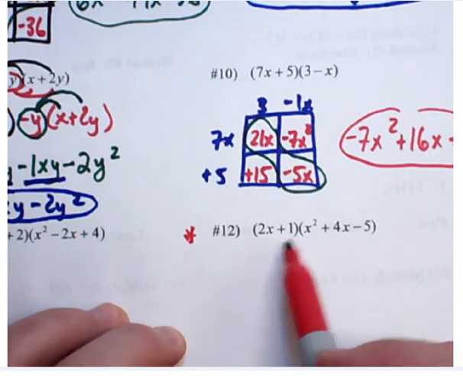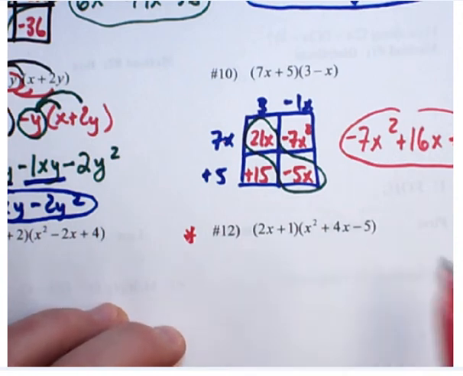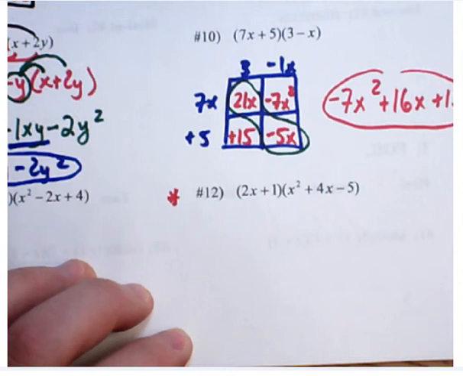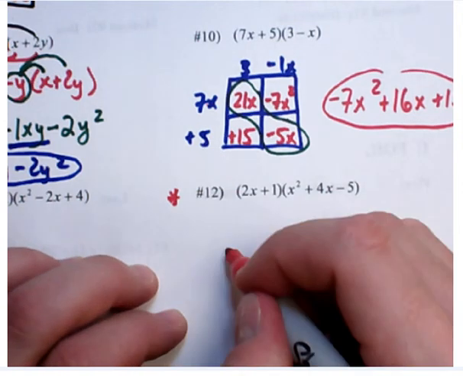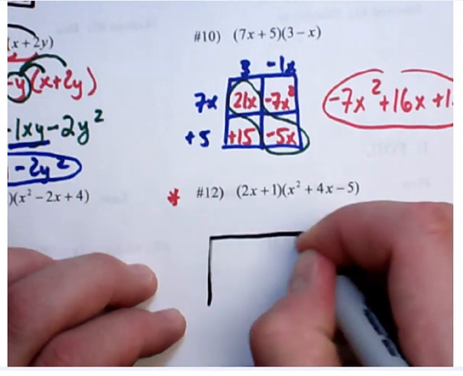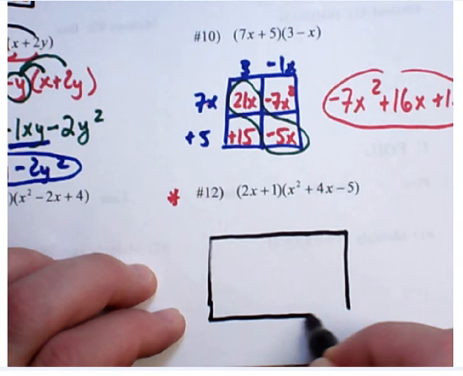You have a binomial times a trinomial. All right, this is different. Now, you can double distribute, but to be honest, I think that's going to be a huge pain. What I'm going to do is I'm going to set up a box. Now, I'm going to make it more like a rectangle and less like a square.